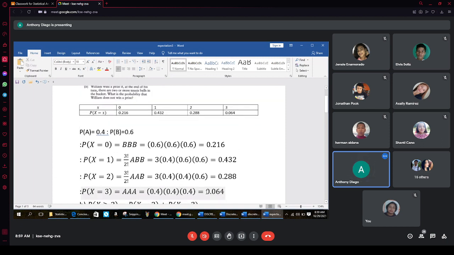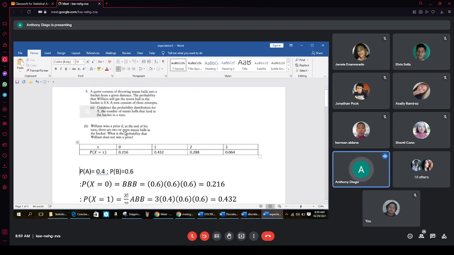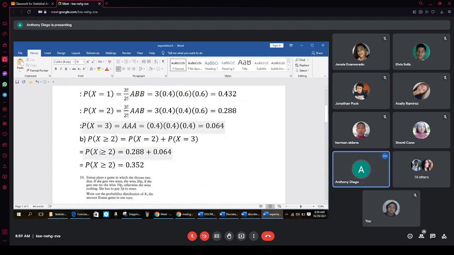Okay. Now, part B was saying, William wins a prize if at the end of his turn there are 2 or more. So 2 or more means the probability that X is greater than or equal to 2. Any questions?